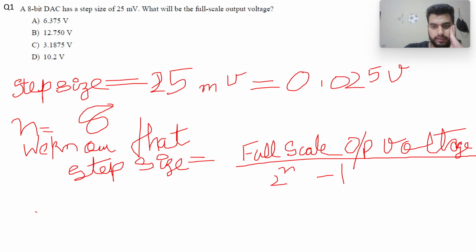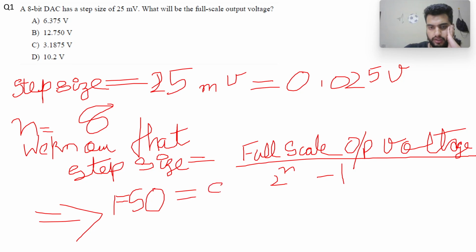So that implies full scale output voltage, I'll just write it as FSO, is equal to step size multiplied by 2 raised to power n minus 1.